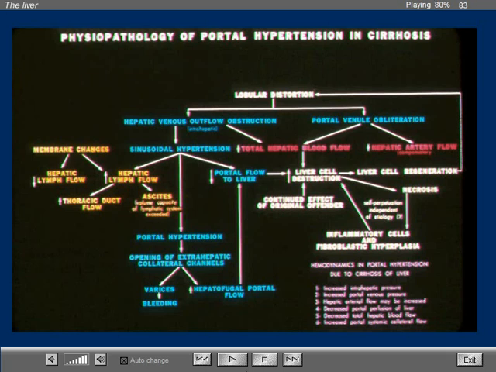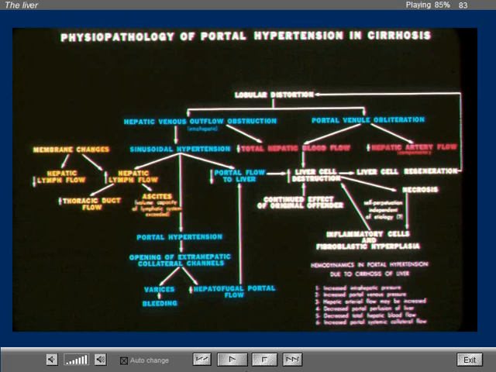The continued effect of whatever damages the liver is going to perpetuate the phenomena of liver cell destruction, regeneration, and lobular distortion, and that explains the chronicity of cirrhotic changes in the liver.